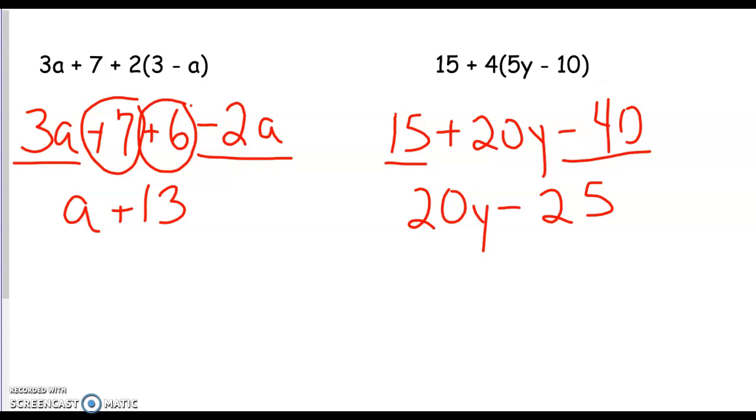Then we combined our a's. 3a minus 2a is a. And 7 plus 6 is 13. All right, on the second expression, 4 times 5y is 20y, and 4 times minus 10 is minus 40. So we have 20y left, and then we had to combine positive 15 and minus 40 to give us a minus 25.